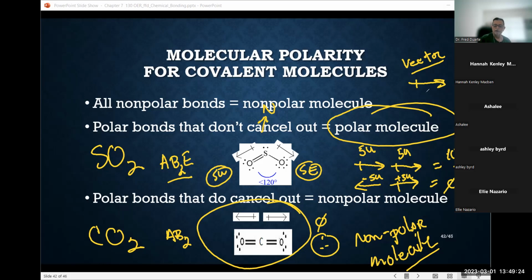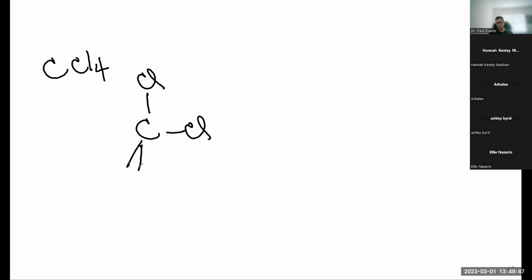Let me give you one more example where the bonds actually also cancel out. If we have the tetrahedral configuration, let's say we've got carbon tetrachloride. If we do the Lewis dot structure on this, we end up with a tetrahedral configuration.